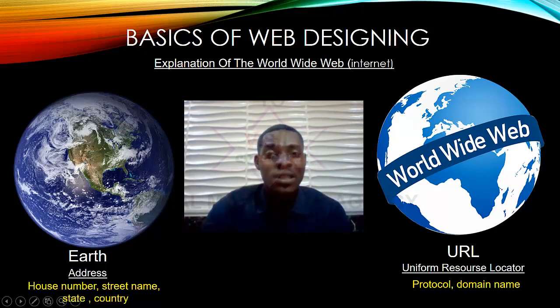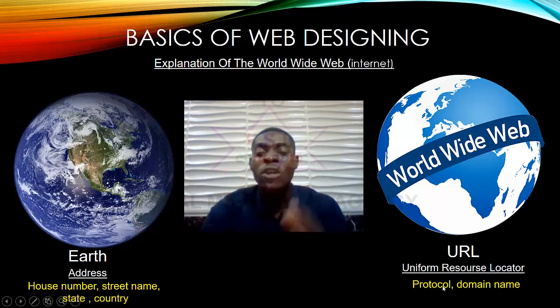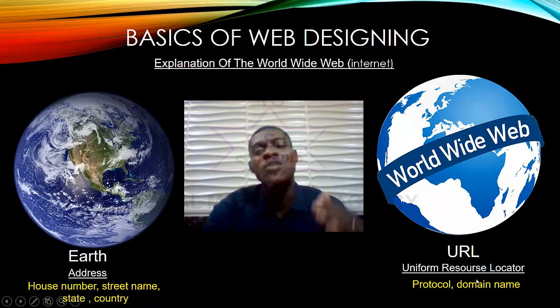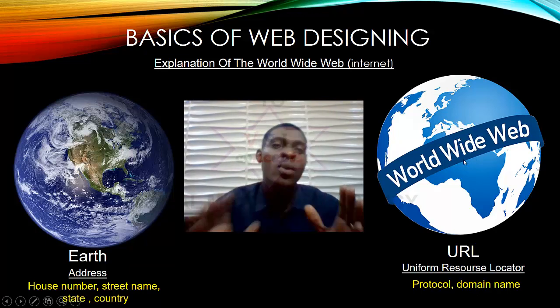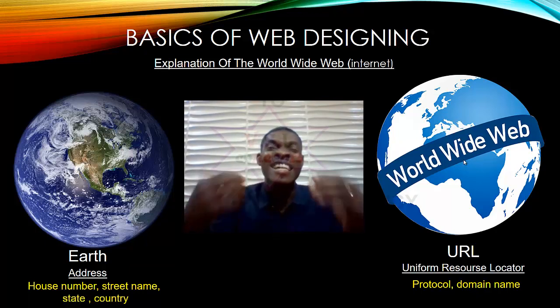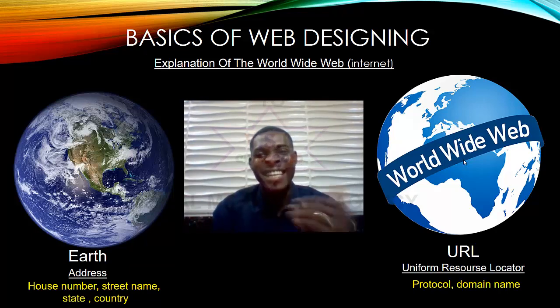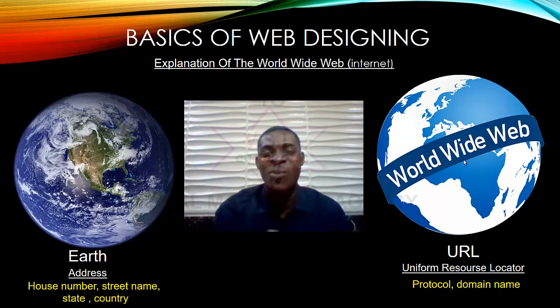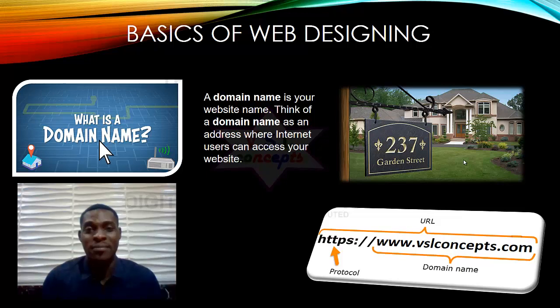The same thing happens here. If someone does not get your domain name, the person can never visit your files in the World Wide Web. I'm taking my time to explain these things so that you understand exactly what it is and how the whole system works. Remember, we said that for you to give someone your address, these are the information that you must give to the person.